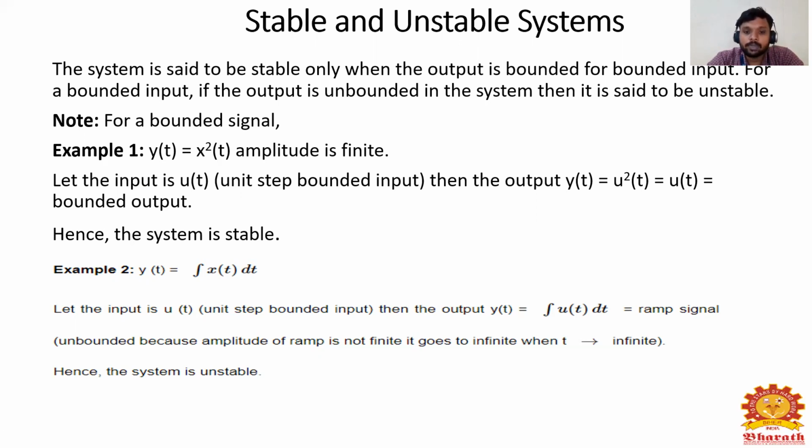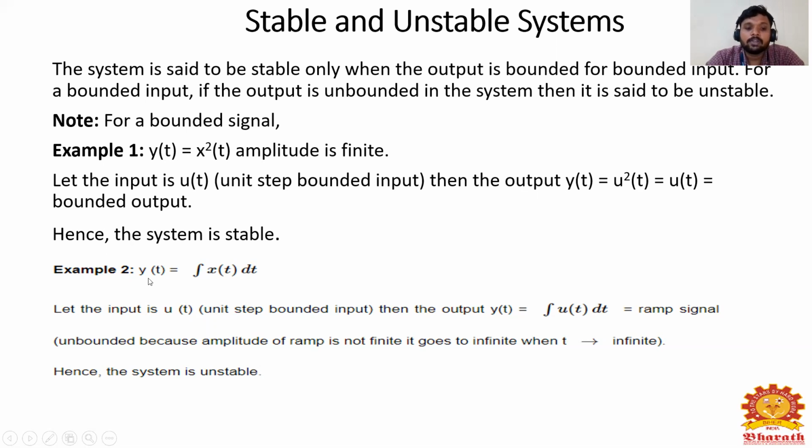So y of t is equal to u square of t, which is equal to u of t, a bounded output. So when the output is bounded for bounded input, the system is called stable. Hence, the system is stable for example one.